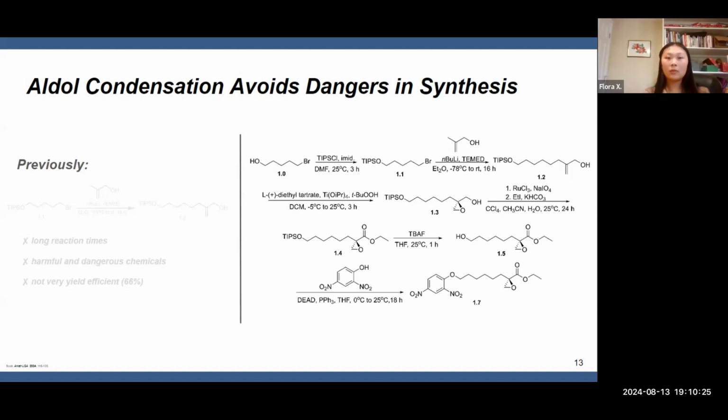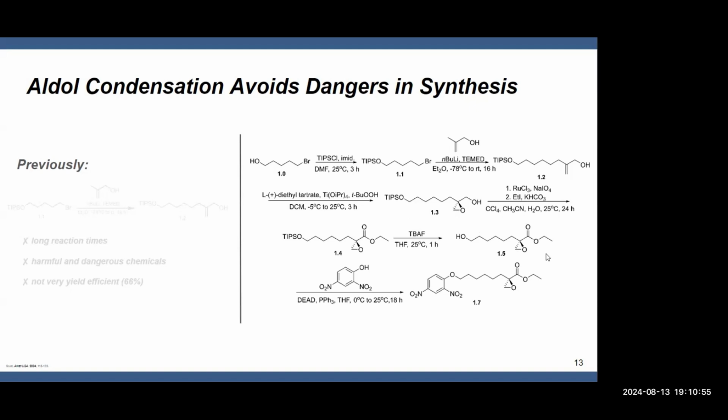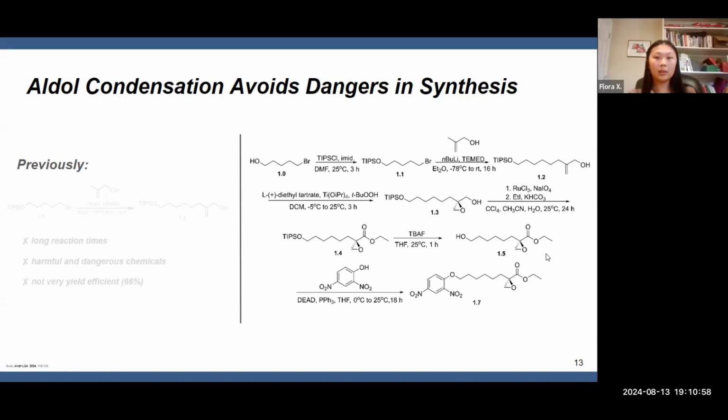Previously reported in 2004 was the synthesis route you can see on the right, where it first starts with commercially available 5-bromopentanol, where it is first protected with a TIPS group using TIPS chloride and imidazole, followed by homologation using n-BuLi and TMEDA, and then Sharpless epoxidation to form the forward-facing epoxide, and then ruthenium-catalyzed sodium periodate oxidation and esterification, then deprotection to form 1.5, and finally Mitsunobu coupling to form the analog, the 2,4-dinitro analog 1.7.